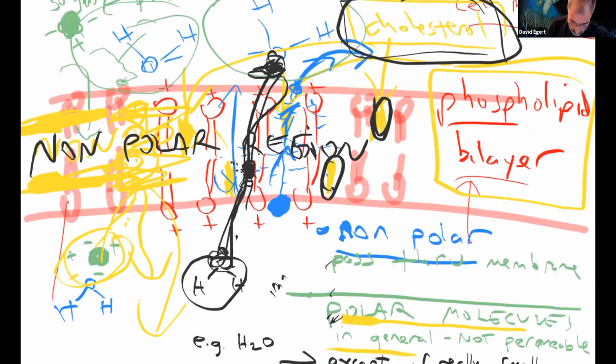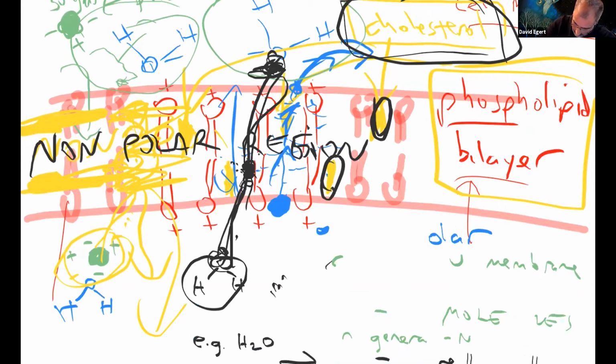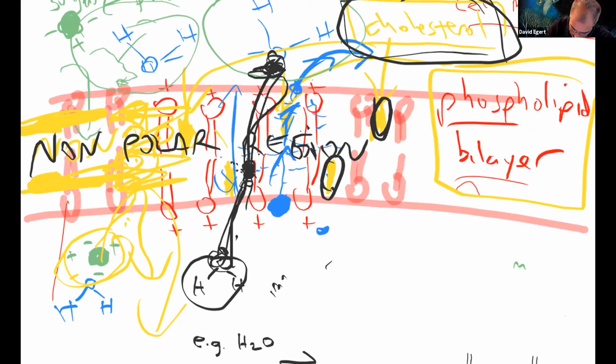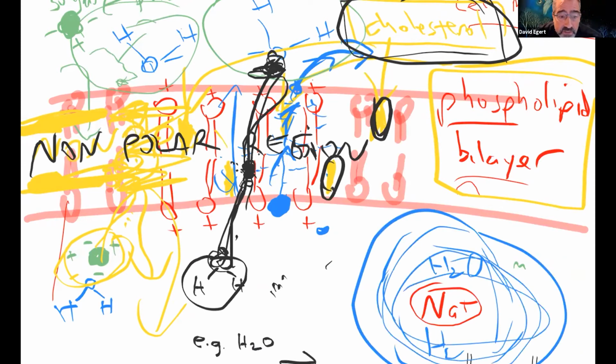So when we go to this picture over here, my little sodium is not a little sodium. It actually has all the H2Os around it in this big sphere. So it acts as this big thing that cannot cross the membrane on its own.